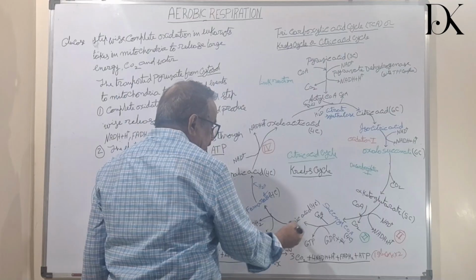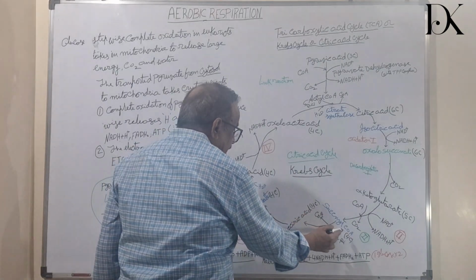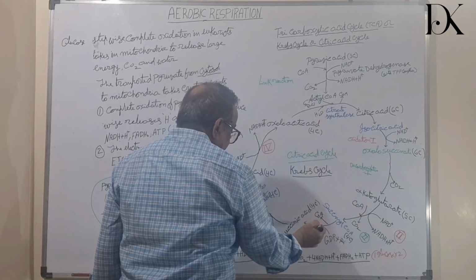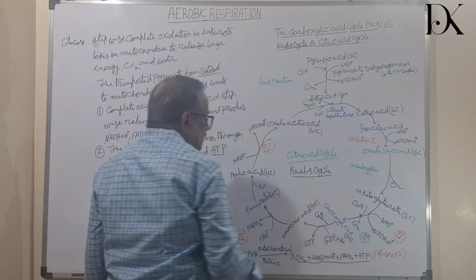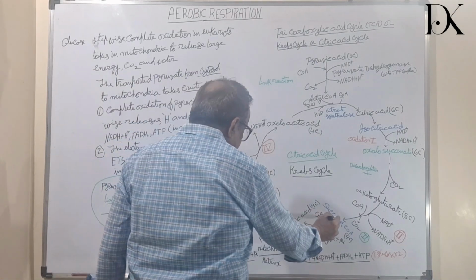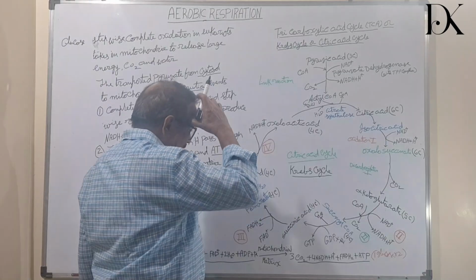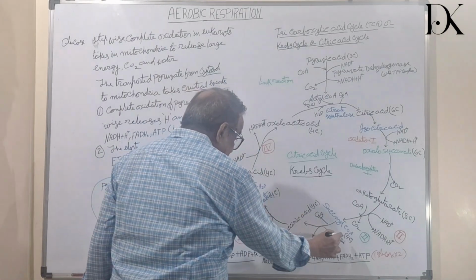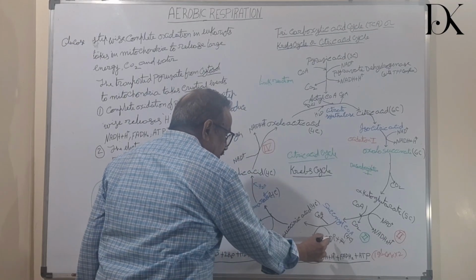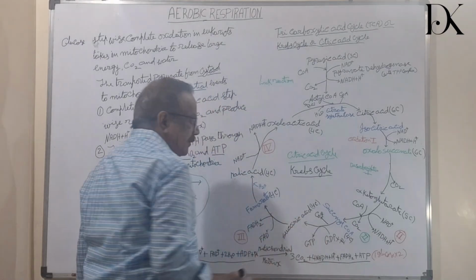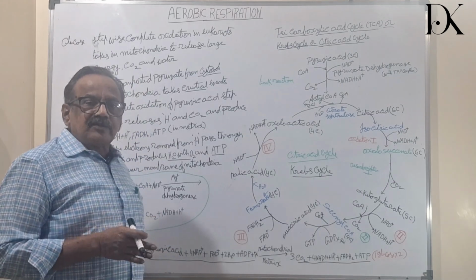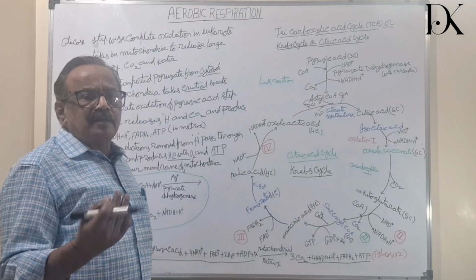So here the succinyl coenzyme A will go out like this, and it will become succinic acid, which is a 4-carbon compound. So succinyl coenzyme A converts to succinic acid by giving out one CoA, and GDP goes to GTP, and the guanosine triphosphate immediately will be converted into ATP.